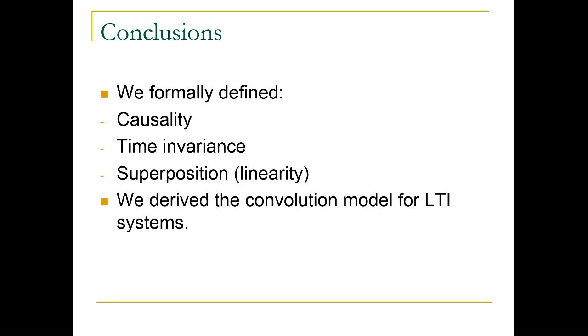There are generalizations of convolution for nonlinear systems, but it is not universally applicable. Maybe for some classes of systems you can write things that generalize the convolution equation, but convolution itself doesn't hold. All right, that's all I wanted to say. If there are any questions, I'll take them.